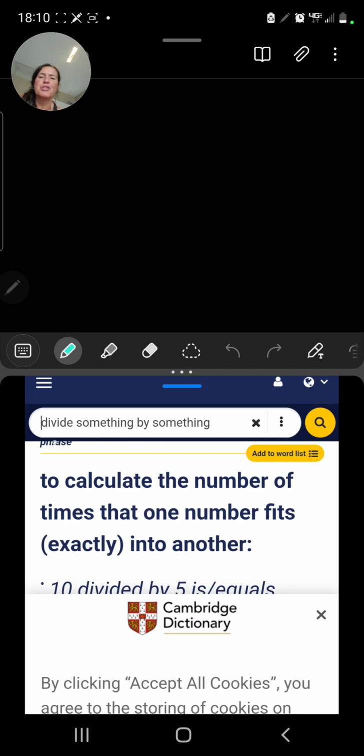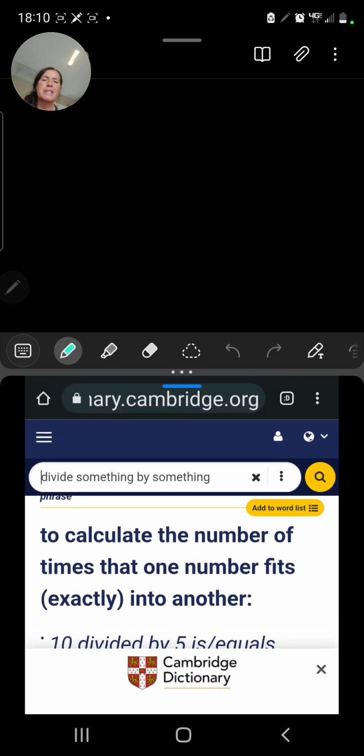It says, dividing something by something, to calculate, I'll give you where it is, cambridge.org, the number of times that one number fits exactly into another number. All right, so if I have, let's say, 20, how many times can I put 5 into that number?